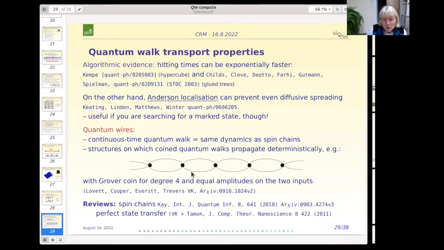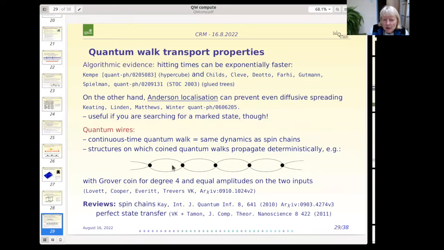So here's these quantum wires that I told you about. If you put the input into both of these here, it will deterministically propagate along these wires, if you're using a Grover coin for degree 4, and equal amplitudes on the 2 inputs.